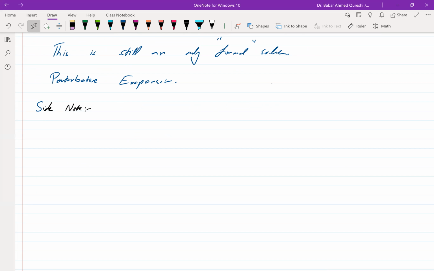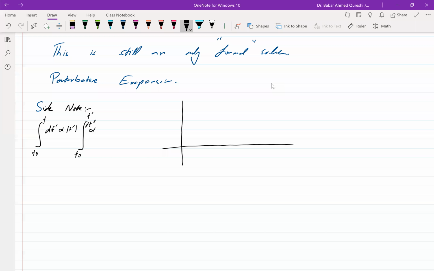For example, if I look at this term, t naught to t dt dash alpha of t dash, t naught to t dash dt double dash alpha of t double dash. This is the integral we are trying to evaluate, and it's a double integral.